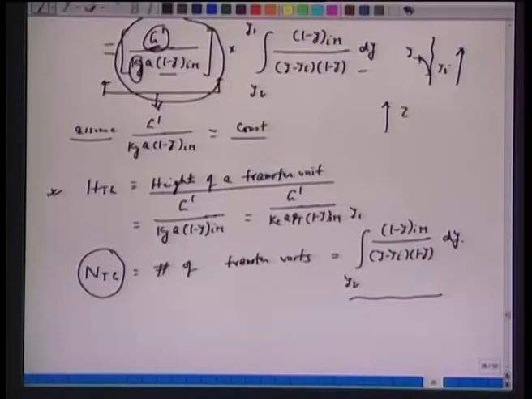If you look at the expressions for height of a transfer unit and number of transfer units, you must recognize that y changes along this length. If you take a differential element, y changes from y1 to y2. So, the mass transfer coefficient will also change. Go back and see the definition for Ky: we obtain 1 minus y_I m, the logarithmic average of 1 minus y and 1 minus y_I; the interfacial concentration also changes. So, the logarithmic average also changes.